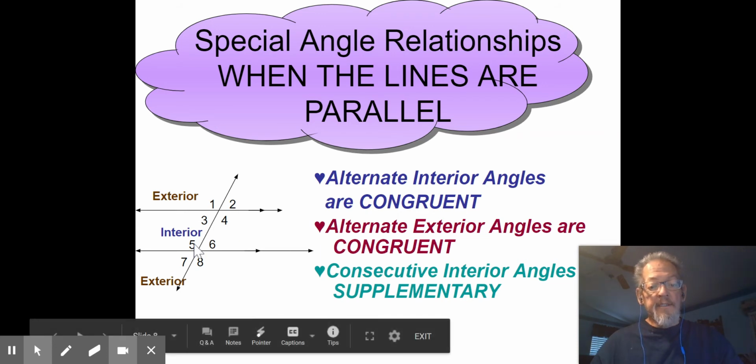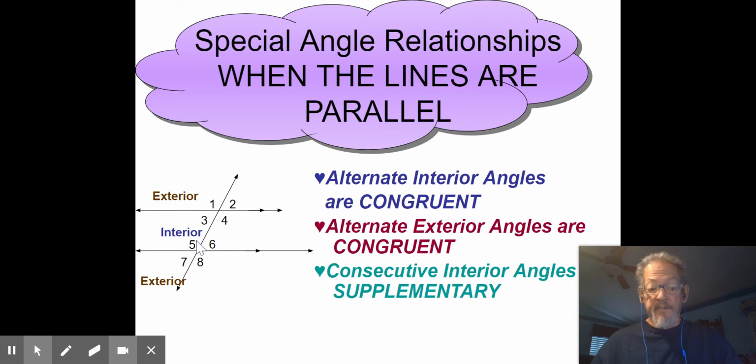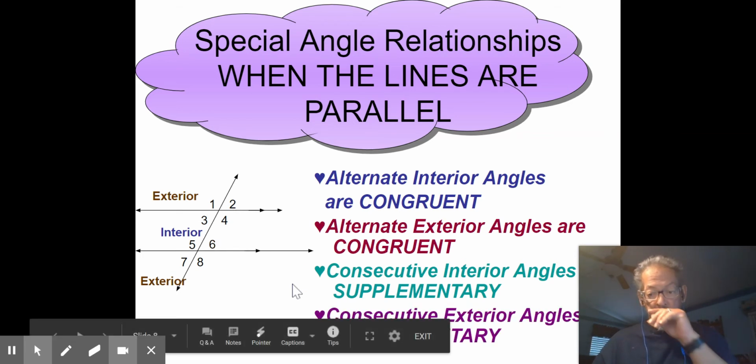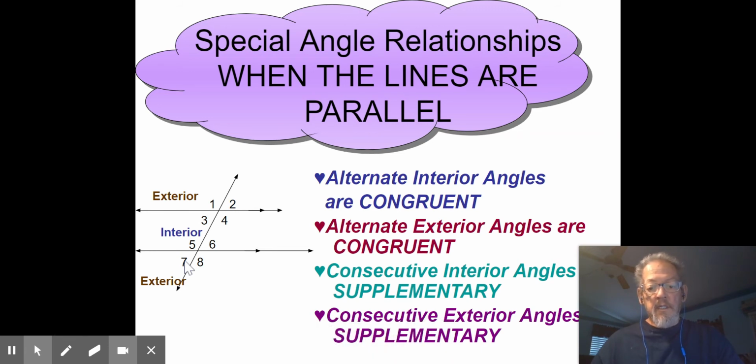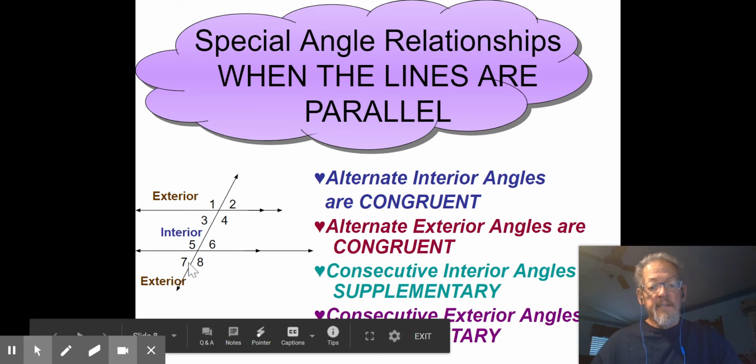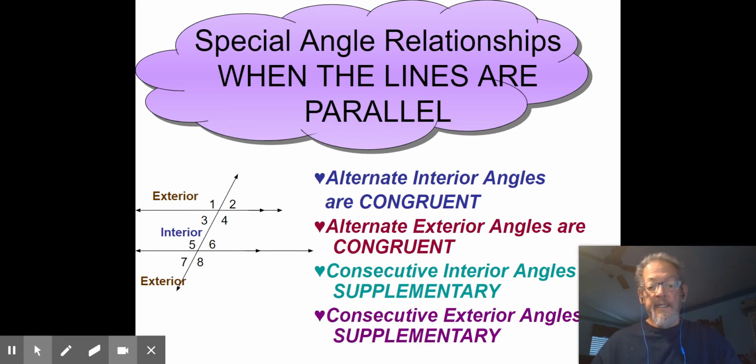And the two consecutive interior angles, like 3 and 5, are supplementary, which means they add up to 180. And 4 and 6 also add up to 180. Same thing with consecutive exterior angles on the outside. They're supplementary also. They add up to 180.